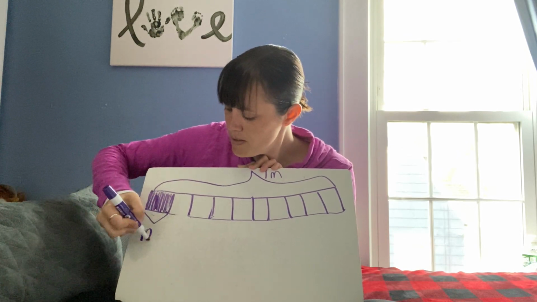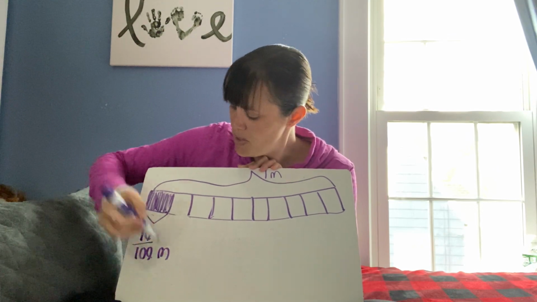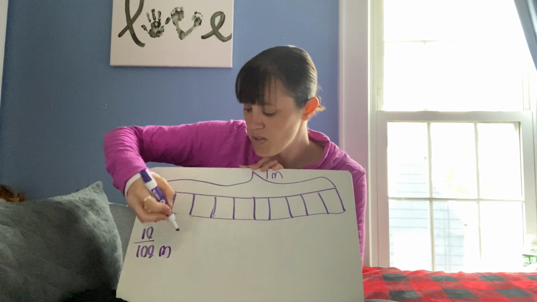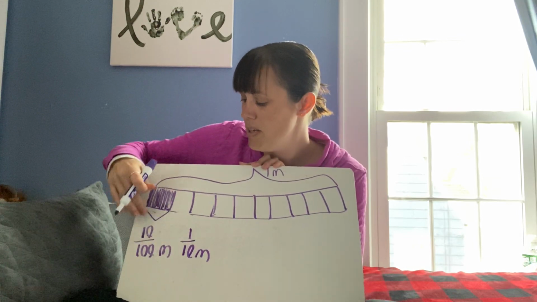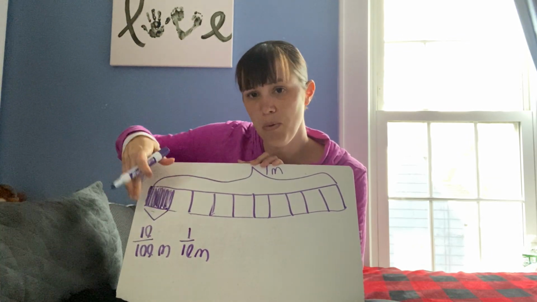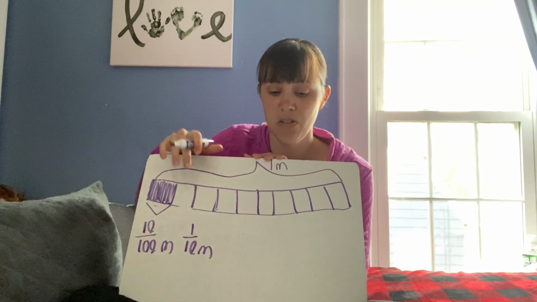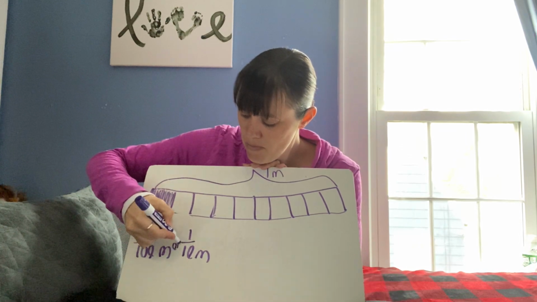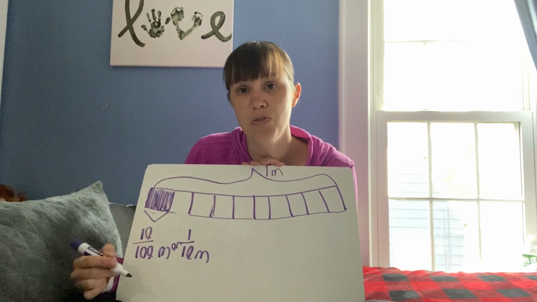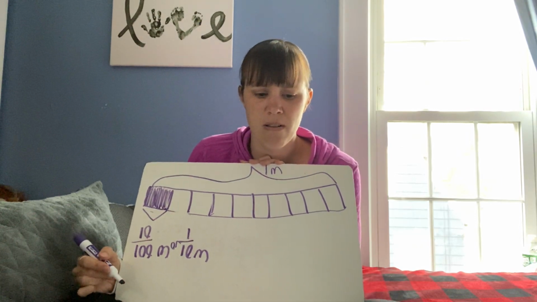That's worth 10 hundredths of a meter, because there are 10 shaded in, but it's also worth 1/10 of a meter. If we broke all of these into 100 parts, we'd have 10 colored in out of 100. So these are both the answers. You can write either one or you could write both of them. I would just write both of them, might as well, right?